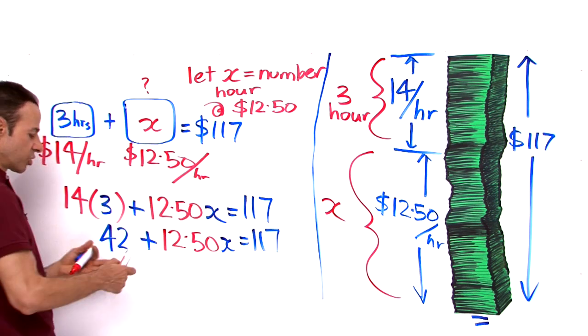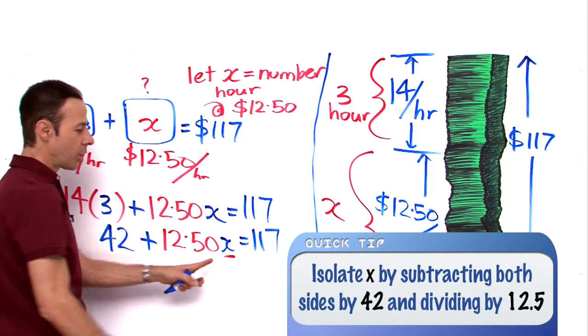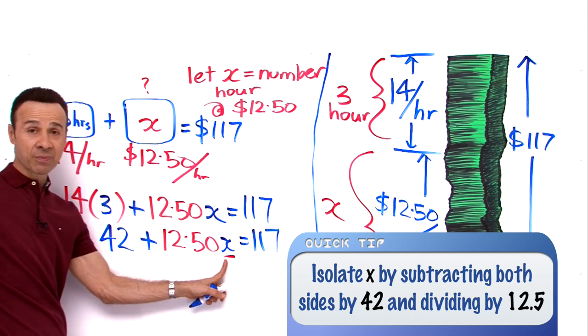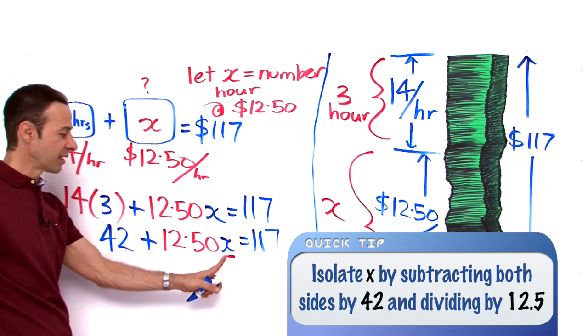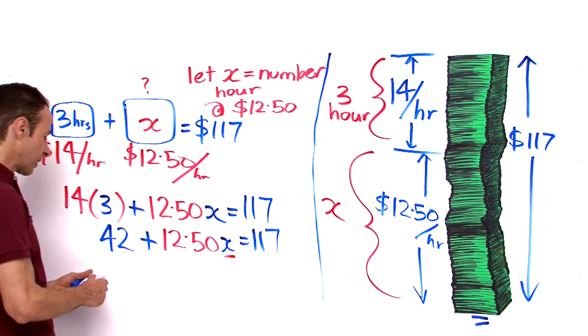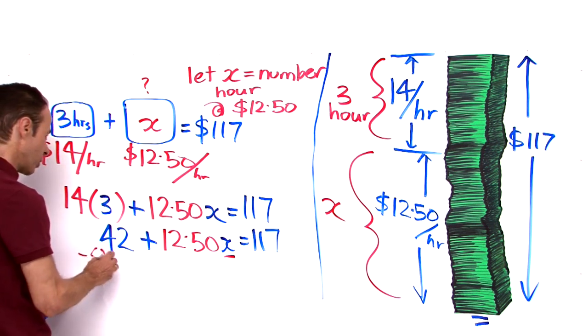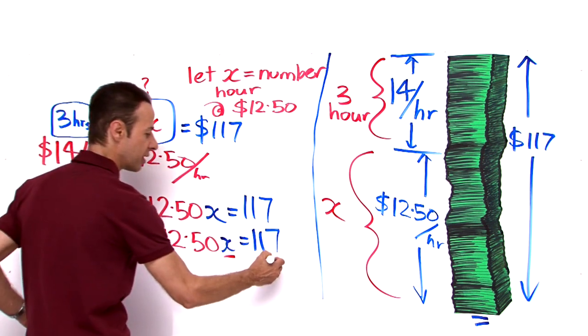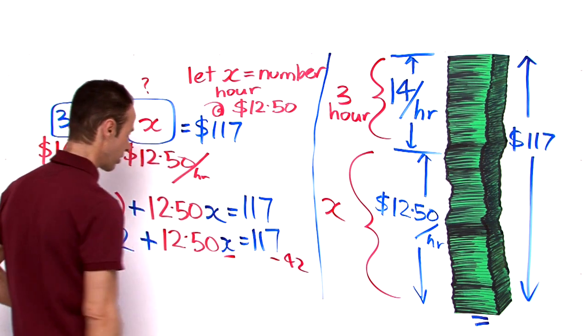Now let's balance this because we want to get this guy here home alone. That's our outcome. Our objective is find that X. So to get that alone, we're going to get rid of this 42 from over here. So let's subtract 42 from both sides. What you do to one side of the equation, we do to the other. So minus 42 from the other side also.